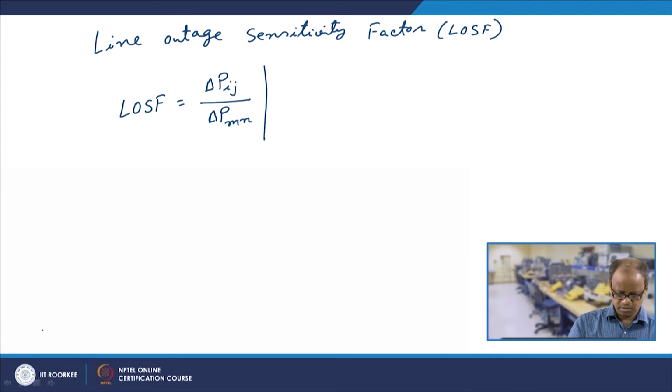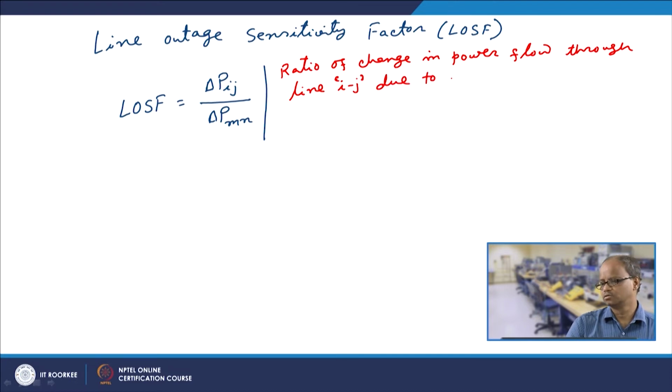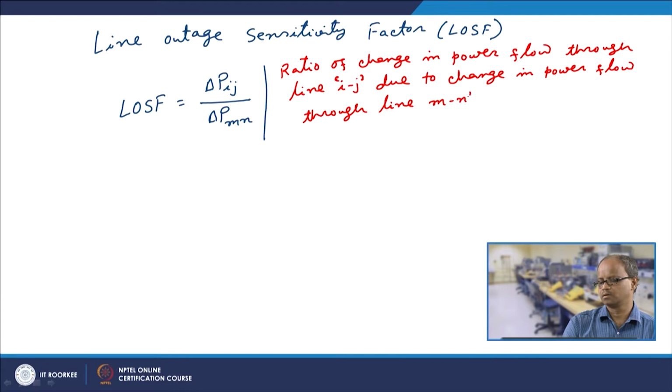It basically means it is a ratio of change in power flow through line ij due to change in power flow through line mn.